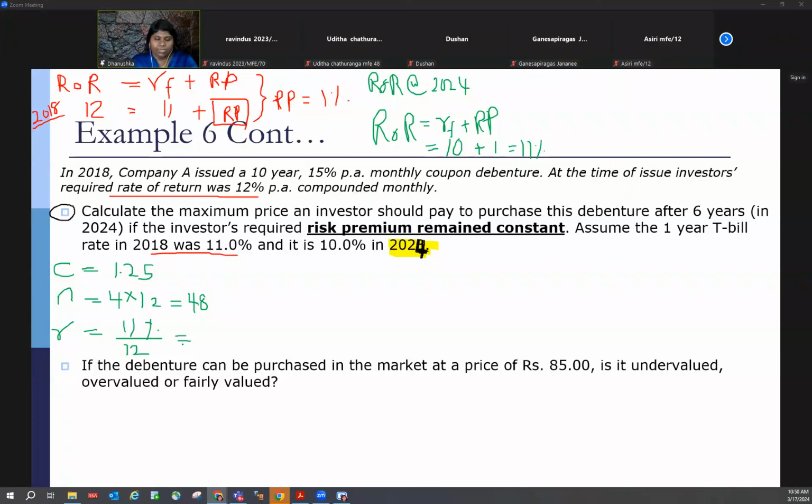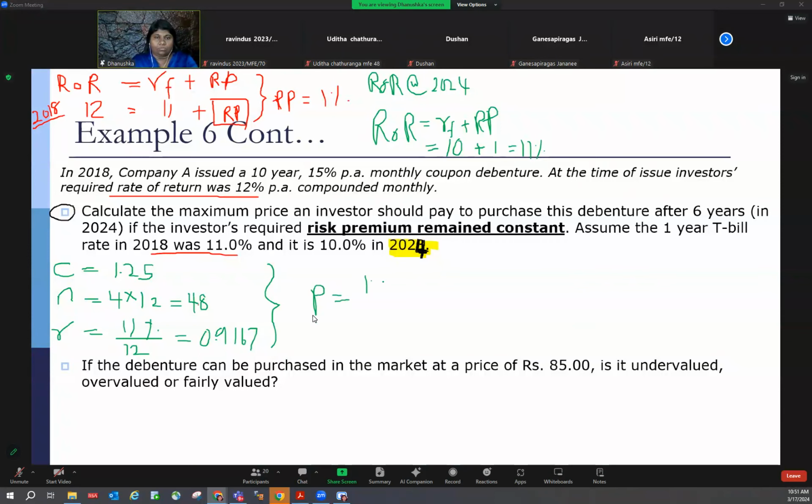So how much is that? It's like 0.9167. So that is why there can be small rounding errors, right? 0.9167. So now I can put this to the equation. Price is equal to, sorry, this is 0.09, no? 0.09.